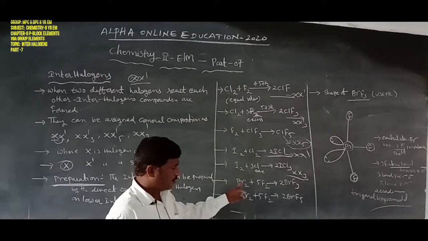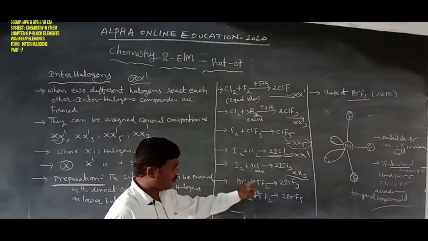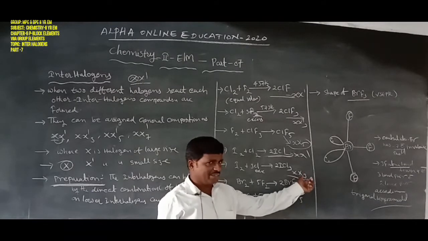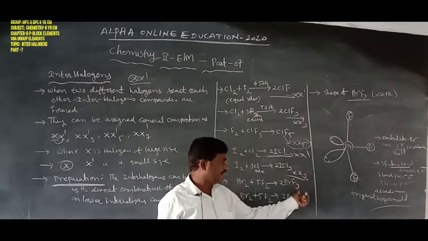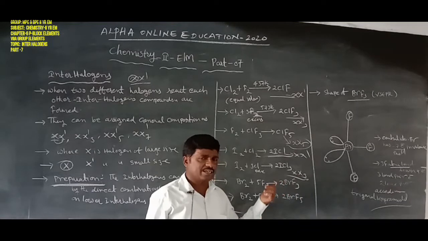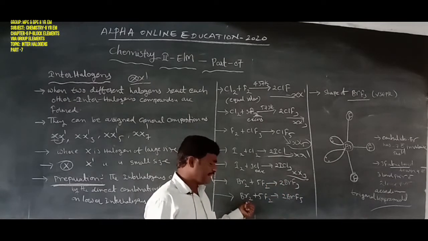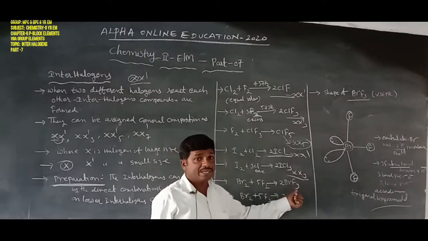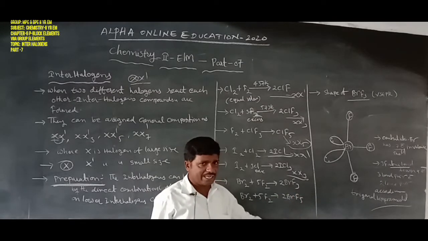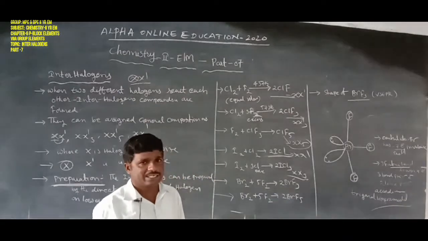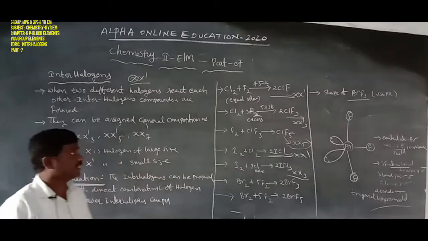Next one, bromine reacts with 3 moles of fluorine to form BrF3, which is of the type XX-3, an interhalogen compound. Next one, bromine reacts with 5 moles of fluorine to form BrF5, which is of the type XX-5, also an interhalogen compound.